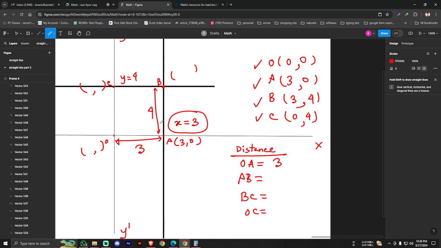So it will be 4. Then BC is the same thing, right? How much? Yes, it's 3. And OC? 4. Okay, so that's how you understand the distances of the graph.